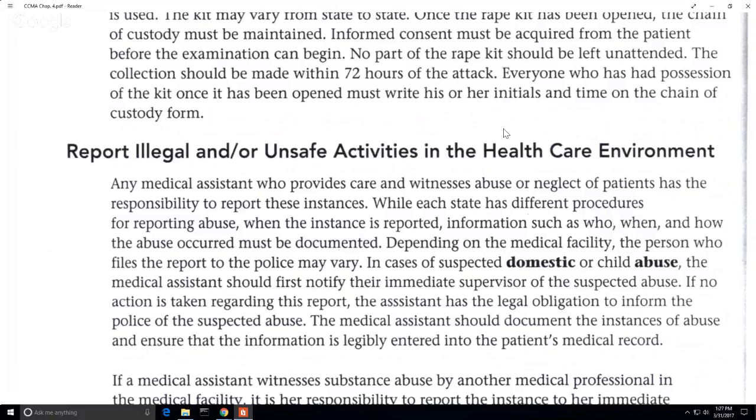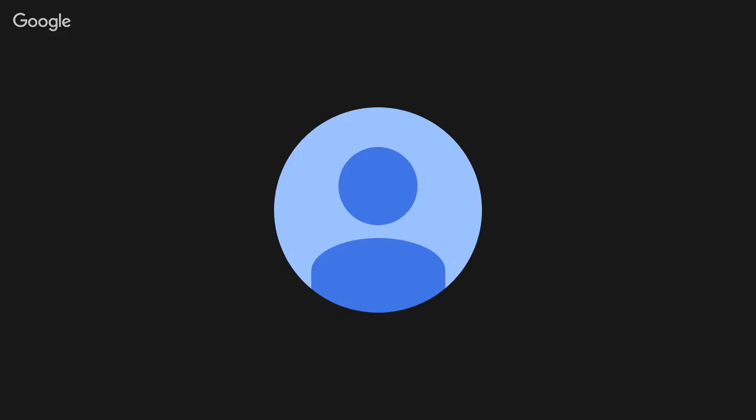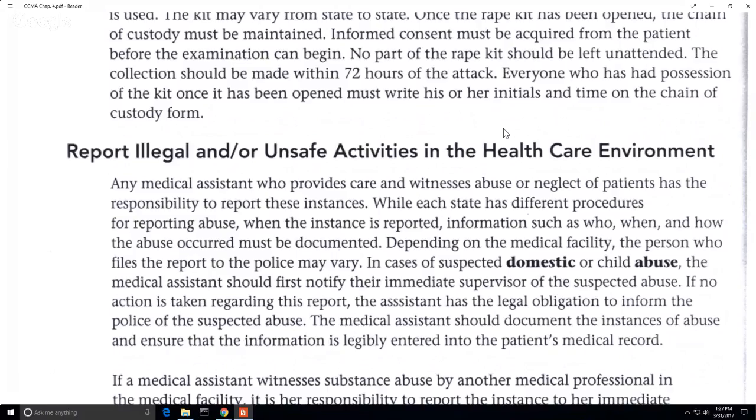If no action is taken regarding this report, the assistant has the legal obligation to inform the police of the suspected abuse. Now, this is another question they could ask you. If you see child abuse or domestic abuse, who should you inform first? That is the immediate supervisor.